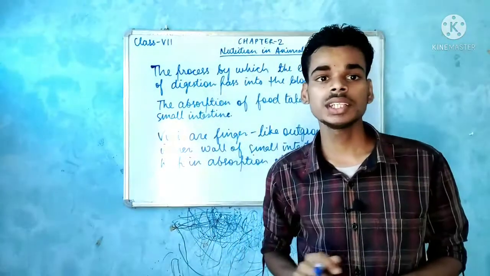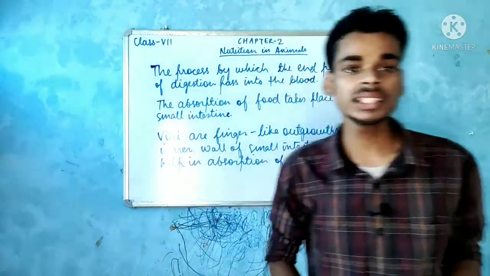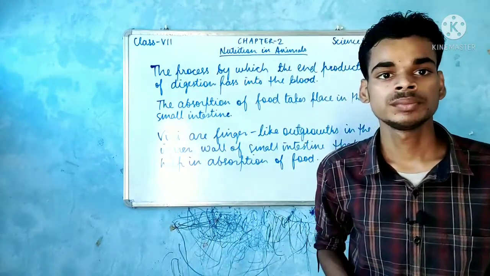Villi increase the surface area for the absorption of food. It has a network of blood vessels that helps in absorption of food.